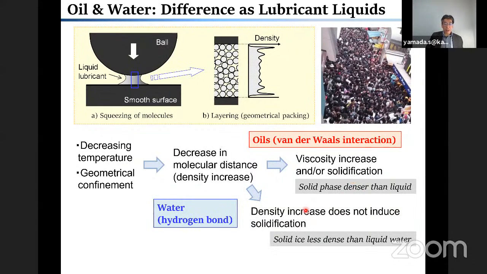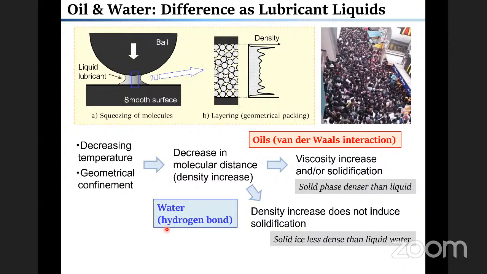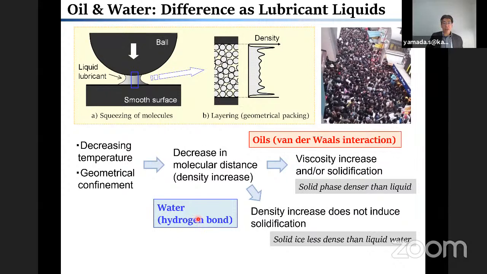However, very different mechanisms are in water. Geometric confinement could increase the molecular density of water molecules, but this does not induce solidification. The major interaction between water molecules is the hydrogen bond, which is strongly orientation dependent.